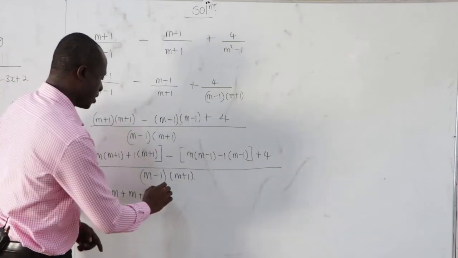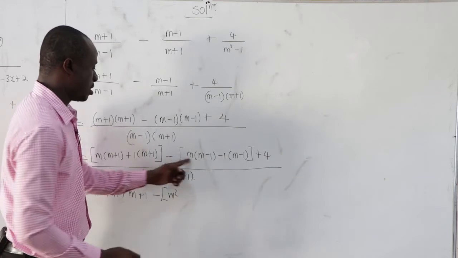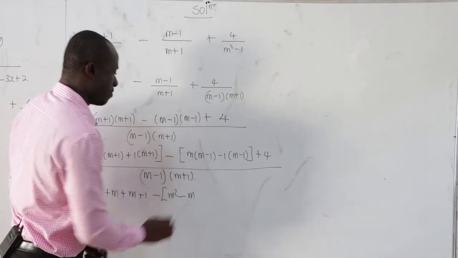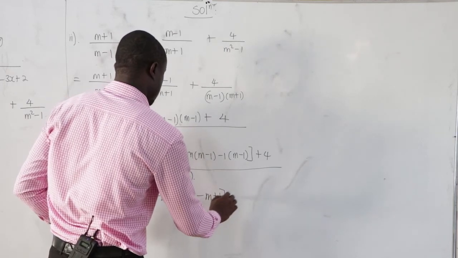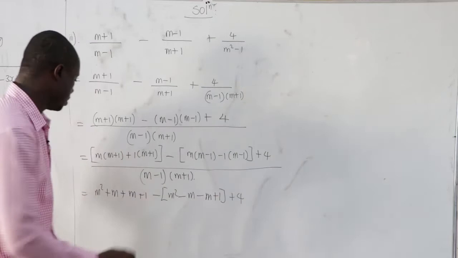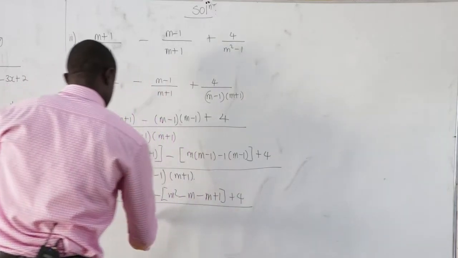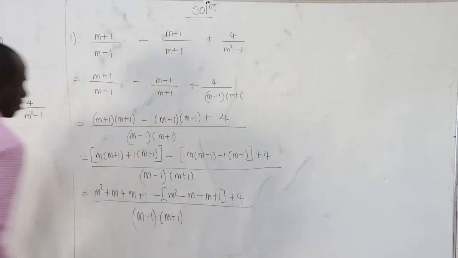Now let's see, we have a bracket here. m times this gives us m squared, and this time this, that's negative m. We have negative m plus 1 plus 4. Negative and negative, positive. Negative times positive, negative. All over m minus 1, m plus 1.